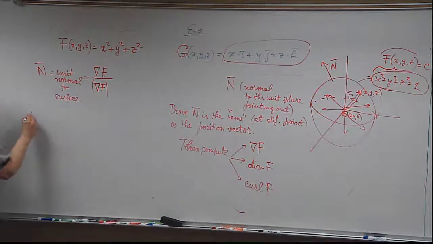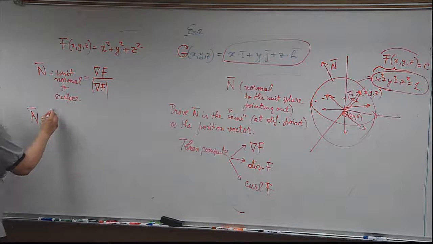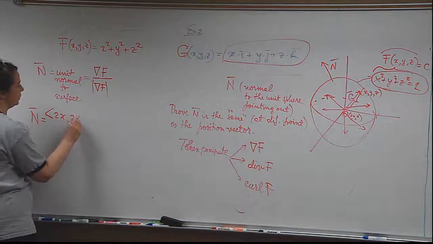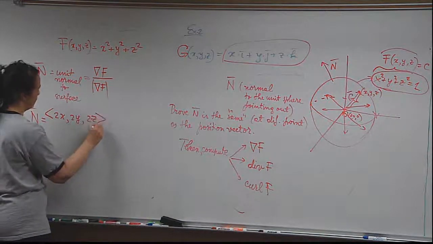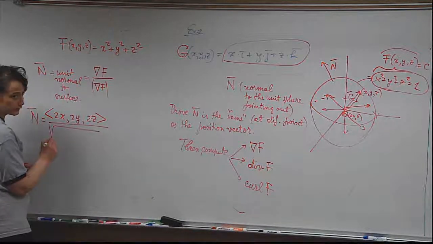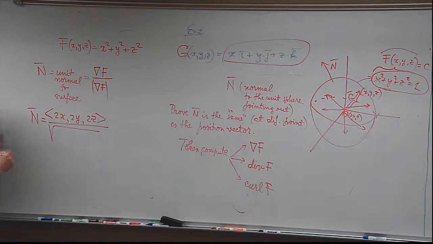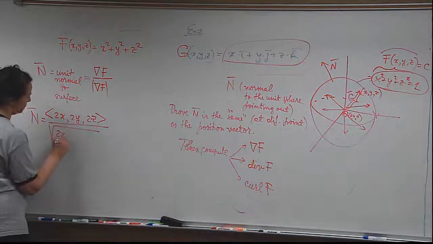Let's compute n. N is going to be 2x, 2y, 2z, divided by the square root of the sums. Do I like this? No, but I'll have to do it whether I like it or not.